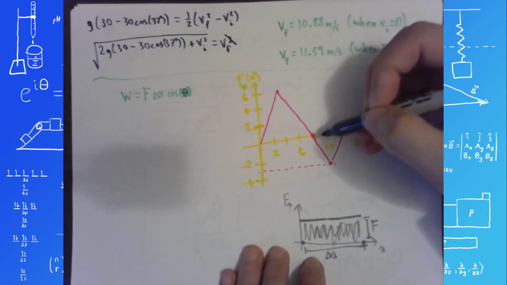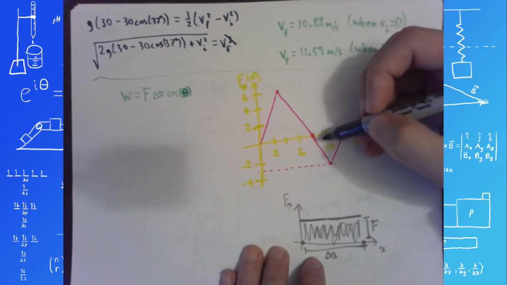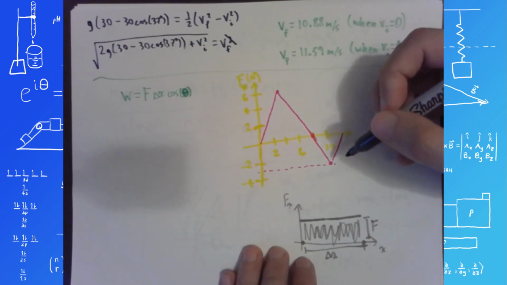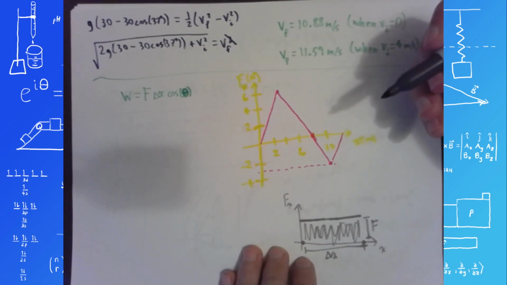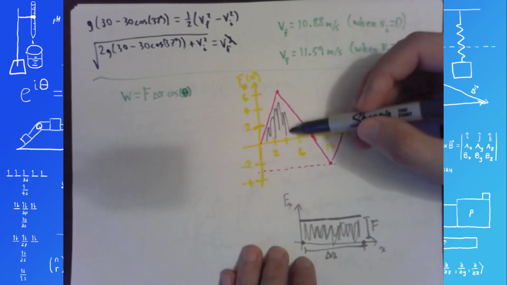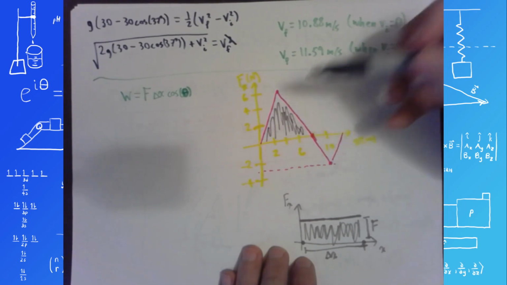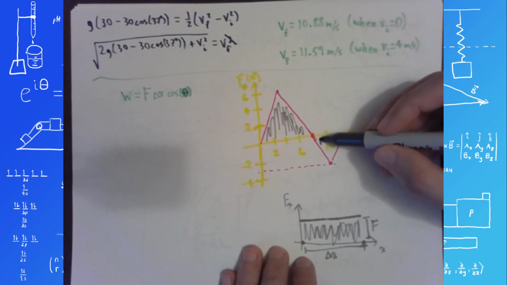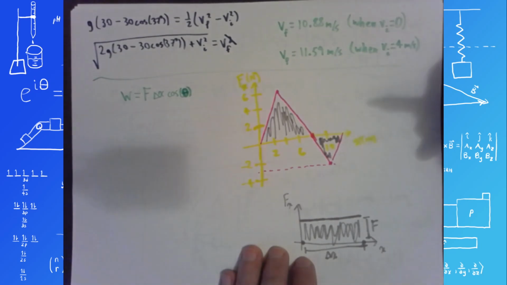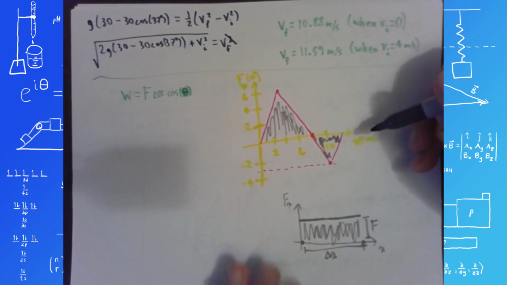And also note that since work can be negative, I shouldn't even call it area under the curve. I should call it area between the curve and the horizontal axis. So this area over here would amount to positive work. This area over here, however, would amount to negative work.